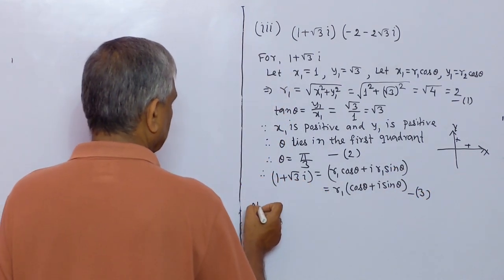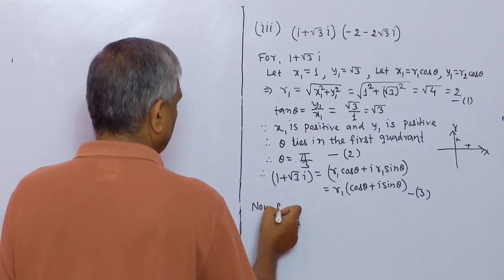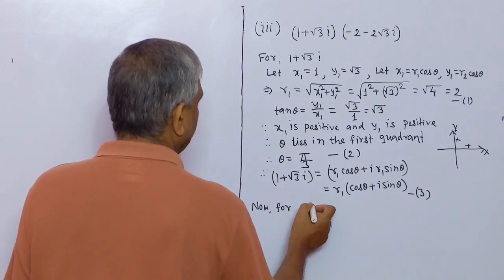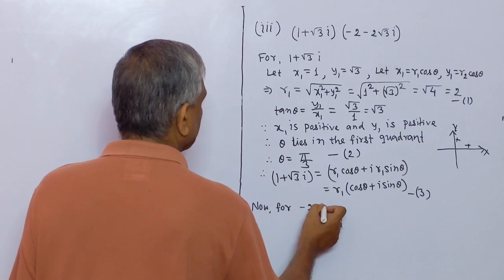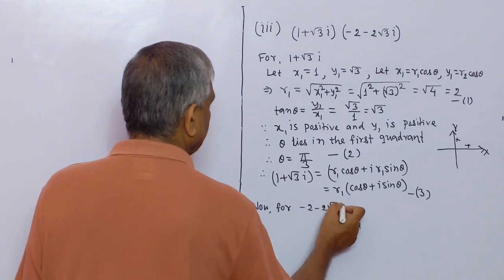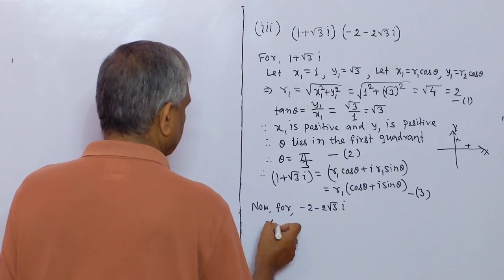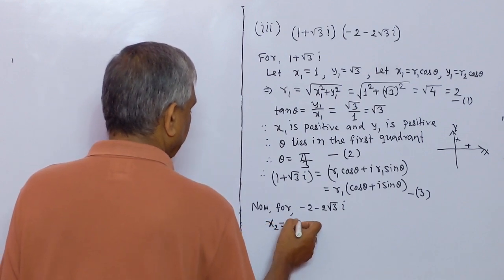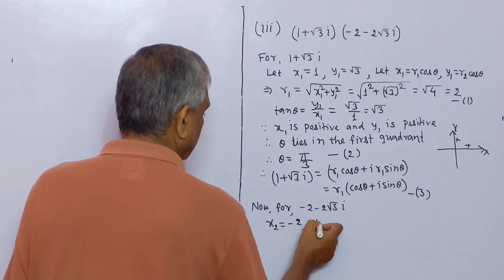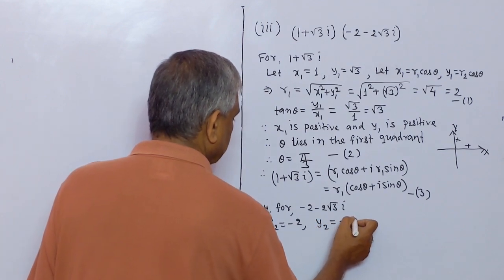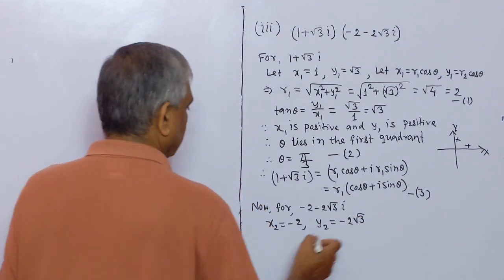Now for minus 2 minus 2 square root 3 i, x2 equal to minus 2, y2 equal to minus 2 square root 3.